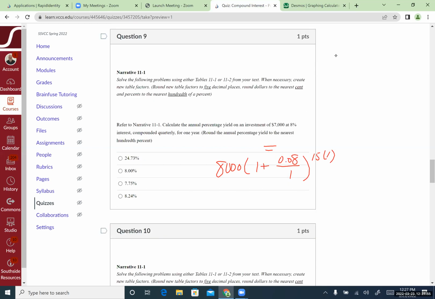Calculate the annual percentage yield of an investment at 8% interest compounded quarterly for 1 year. Annual percentage yield.